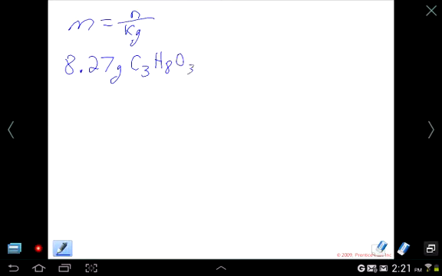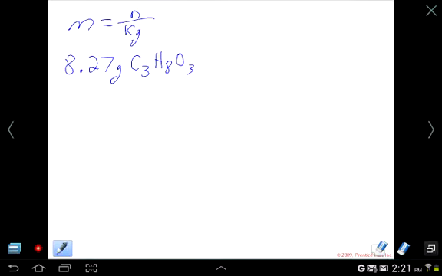So let's go ahead and first find our molality. Again, molality is moles over kilograms, and then moles of our glycerol. It looks like we're given 8.27 grams of our solute, our glycerol, which is C3H8O3.